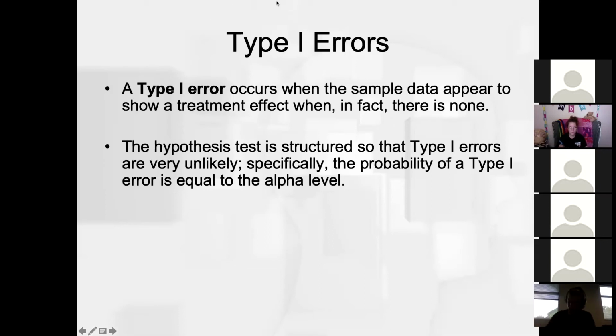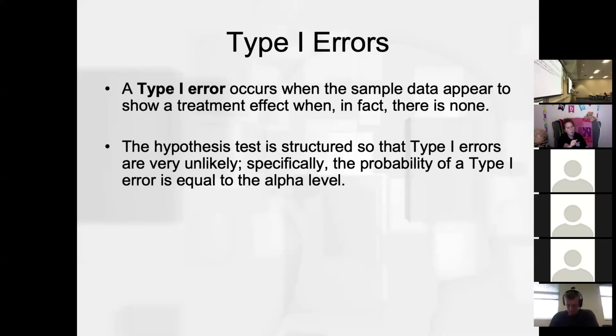And so, Amber, you asked, how do we set our alpha level, or how do we pick our alpha level? It's based off of an a priori, or beforehand, calculation of what we want our type 1 error rate to be. In some cases, we may prefer a type 1 error to a type 2 error.